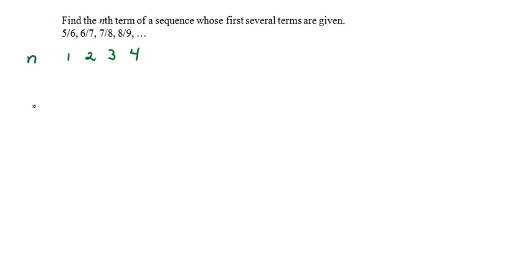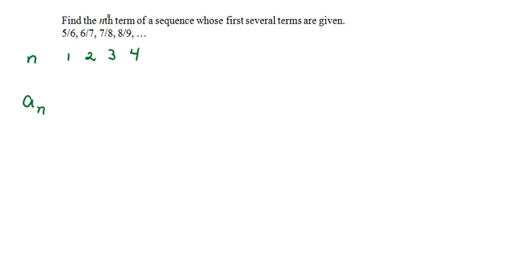And they're all fractions. So what I notice is that the numerator of the first term is 5, the second is 6, then 7, then 8.